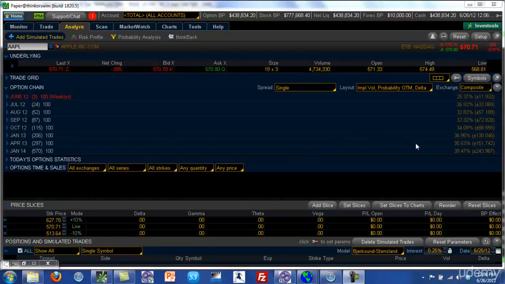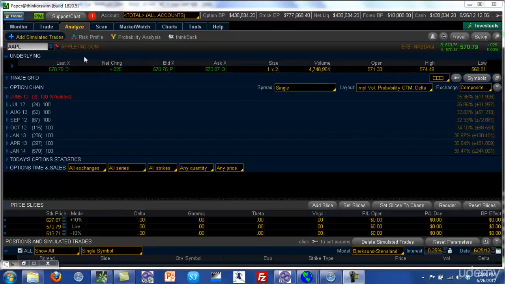And if we come to the right-hand side here, we can see that the April series has an implied volatility of about 35.64%. And what thinkorswim does is it calculates the one standard deviation range for Apple. In this case, that one standard deviation range is going to be plus or minus $151.